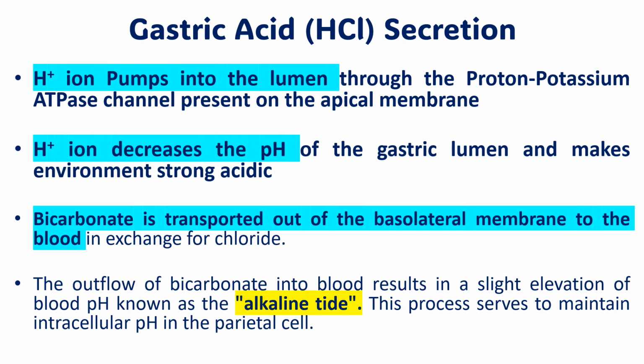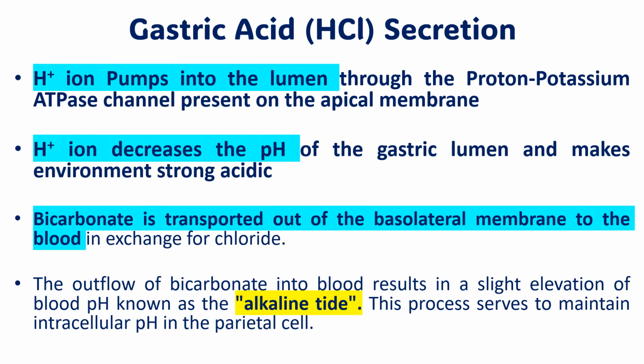The remaining bicarbonate ion is transported out of the basolateral membrane into the blood circulation in exchange for chloride. So chloride comes inside the parietal cells and bicarbonate goes out into the blood circulation. There is an exchange between chloride and bicarbonate ion.